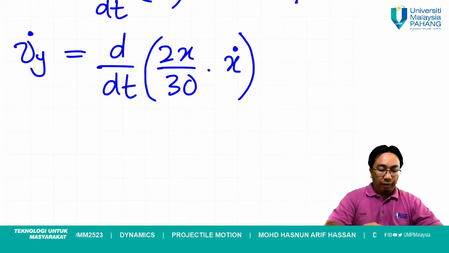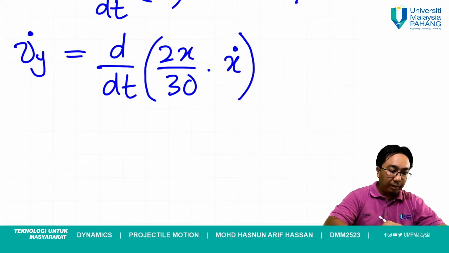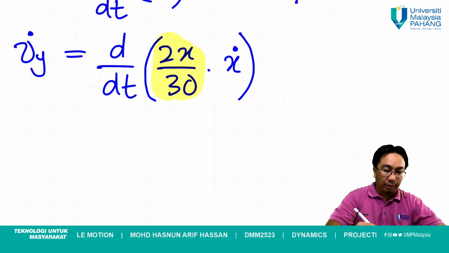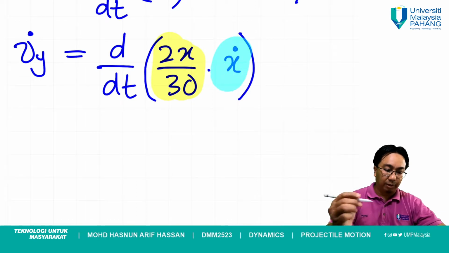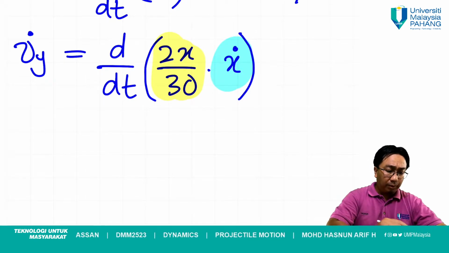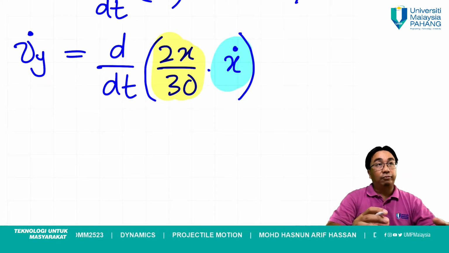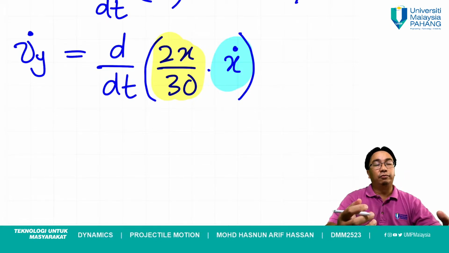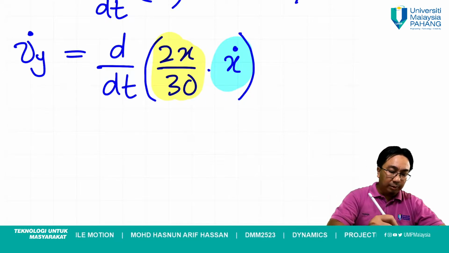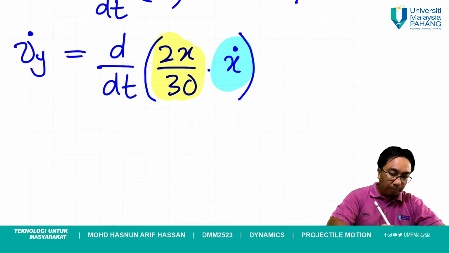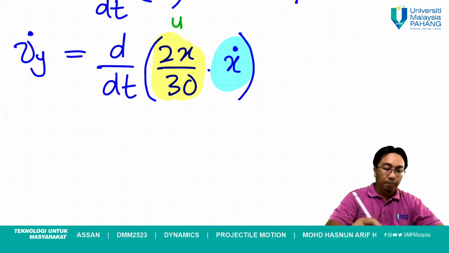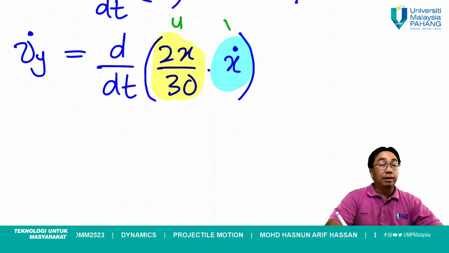So when you have this, we can see it basically has two terms here. This is the first term, which I colored yellow, and then we have the second term, which I colored blue. Okay, so when you need to differentiate two terms like this, what you do is you call the first term u and the second term v.